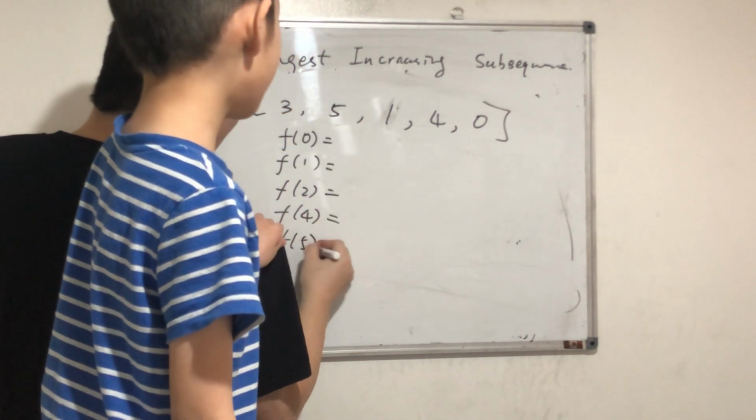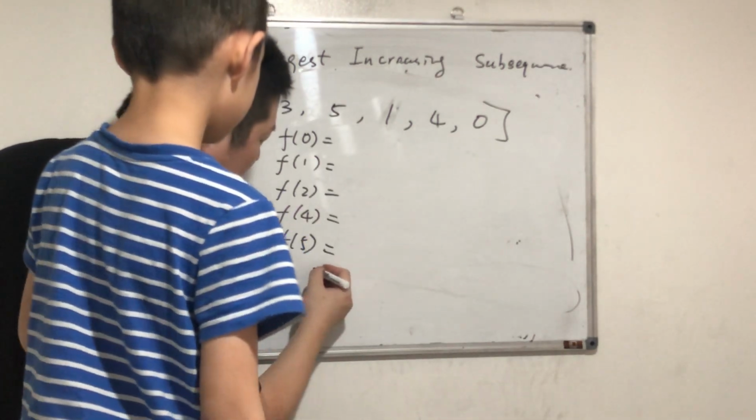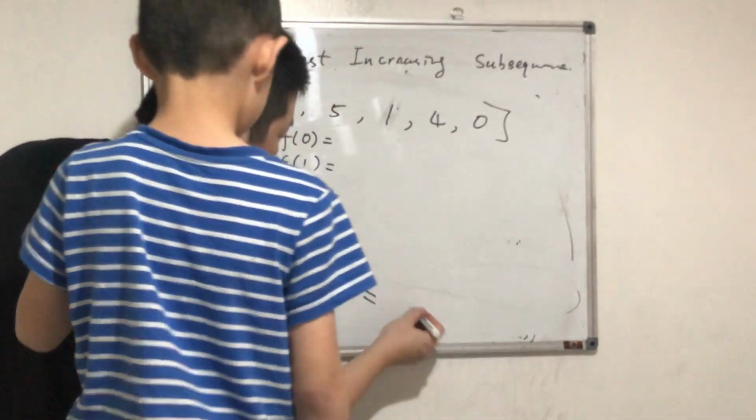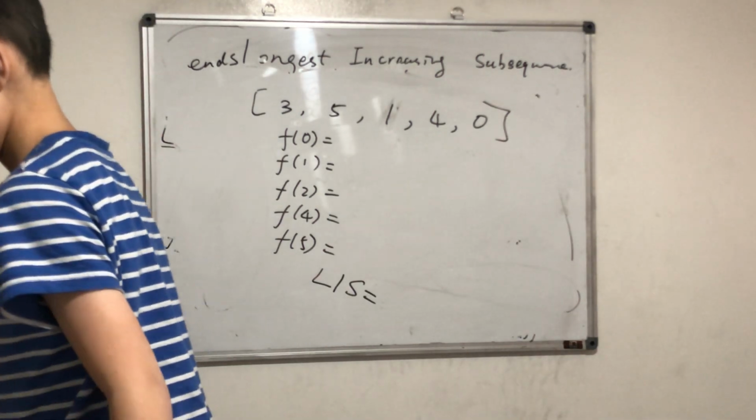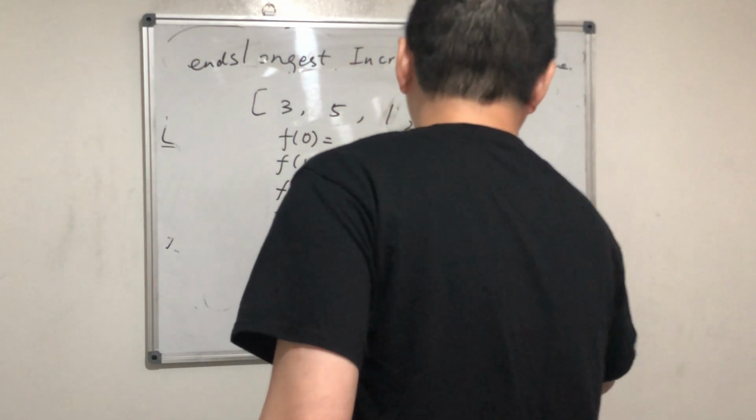Then tell me the longest increasing subsequence of this question, and then we can end this class. Can you do it, please? F3, yes, thank you for reminding me. Can you write it, please?